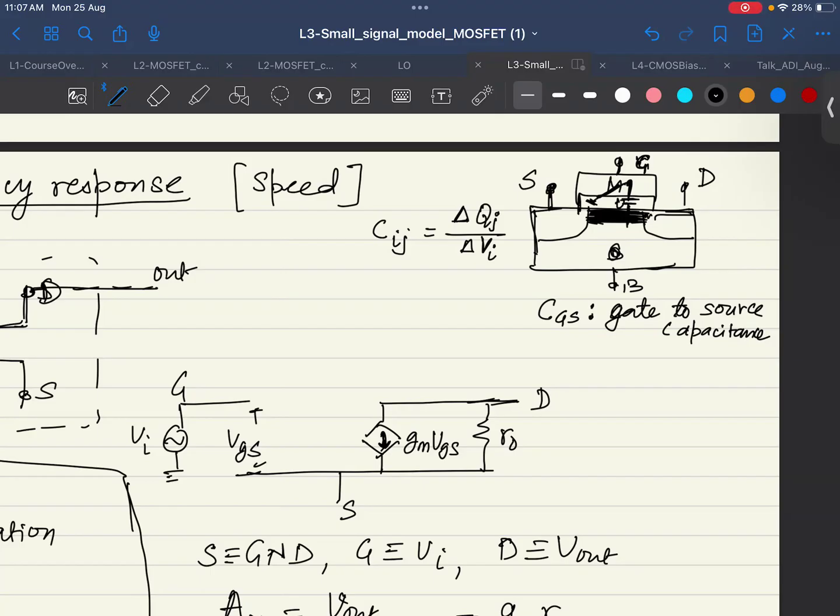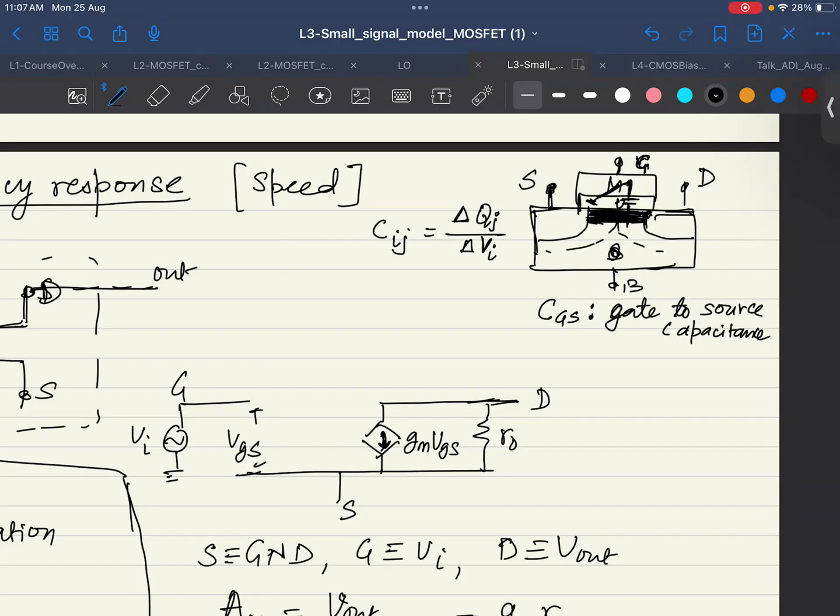And I think you will probably study more about these capacitances in VLSI design also, and we'll come back to it whenever you have a doubt there. But as of now, what is important for us to know is that the gate is going to change some charge at the source and some at the drain, right?